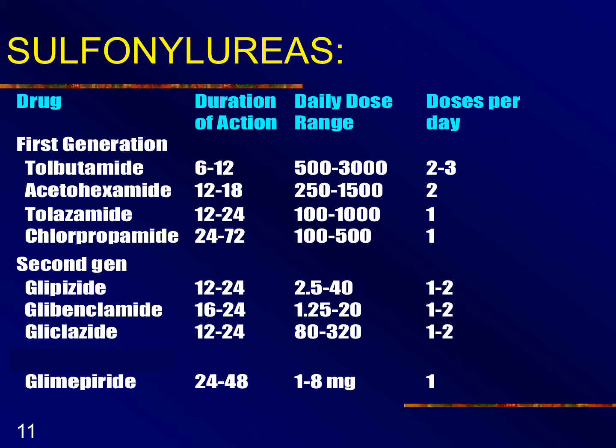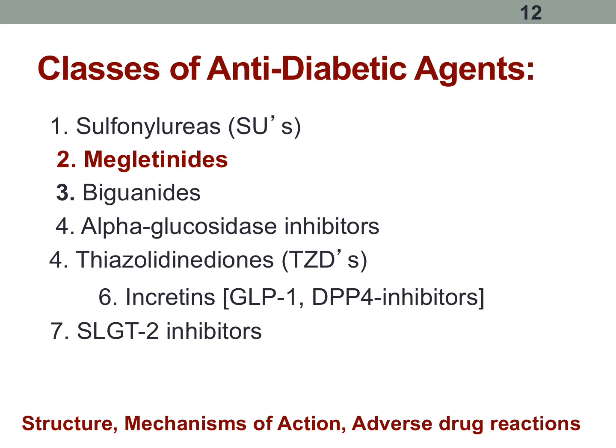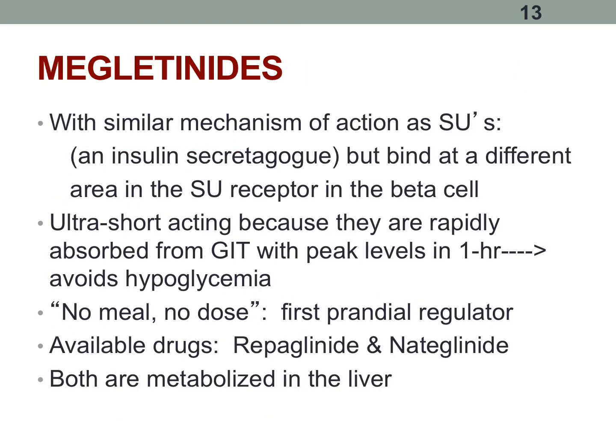Now, the second set of drugs, the meglitinides. So again, SU and meglitinides both increase insulin secretion. And so the meglitinides, or the glinides for short, have a similar mechanism of action as SU. It also binds to the same receptor in your beta cell, the potassium ATP channel.